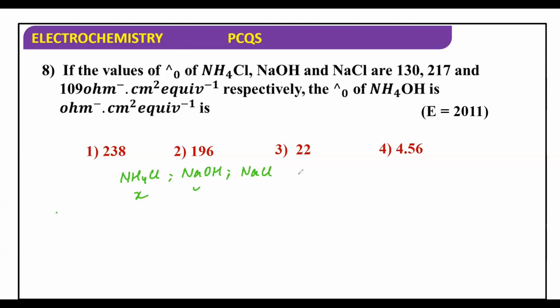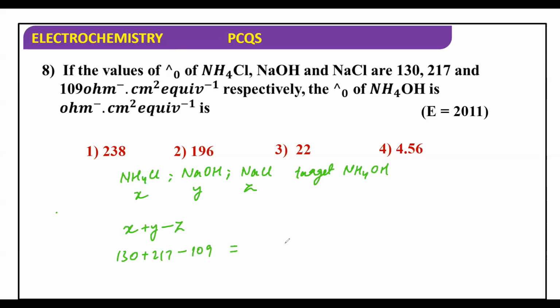Take the NH4 cell from X and Y, and what is the target? Target is NH4OH. So you can get NH4 from X, then OH from Y, and we can do minus Z. So X is 130 plus 217 minus 109.